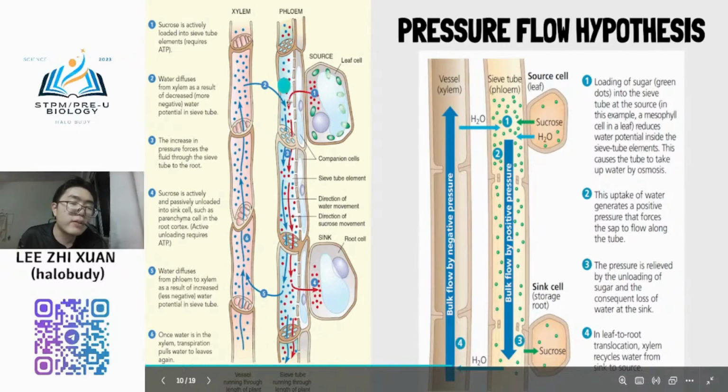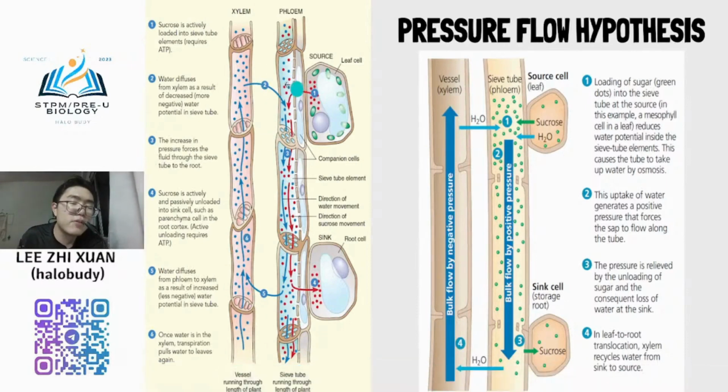Because now, when the water molecules come into your sieve tube, your water potential value is very high, and we know that water moves down the concentration gradient by osmosis, so the water molecules will now transport the sucrose molecule down to the sink.